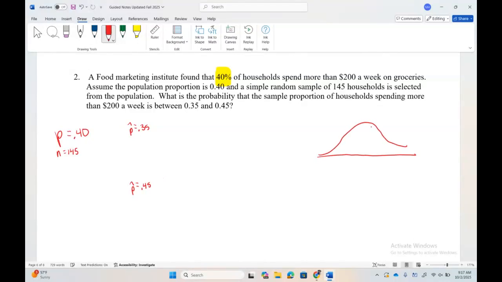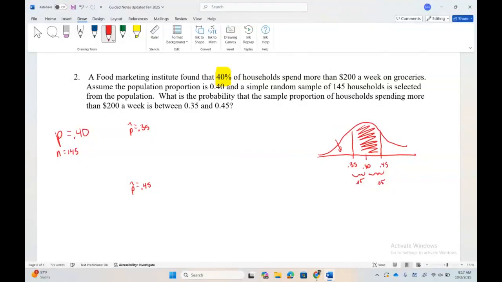So our population proportion is 0.40. I noticed that 0.35 and 0.45 are both the same distance away from the mean. Remember this bell curve is symmetric.